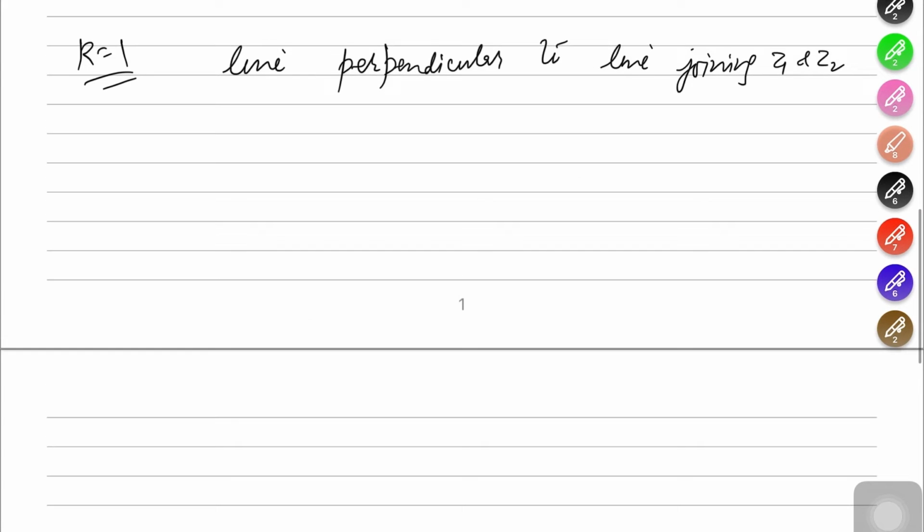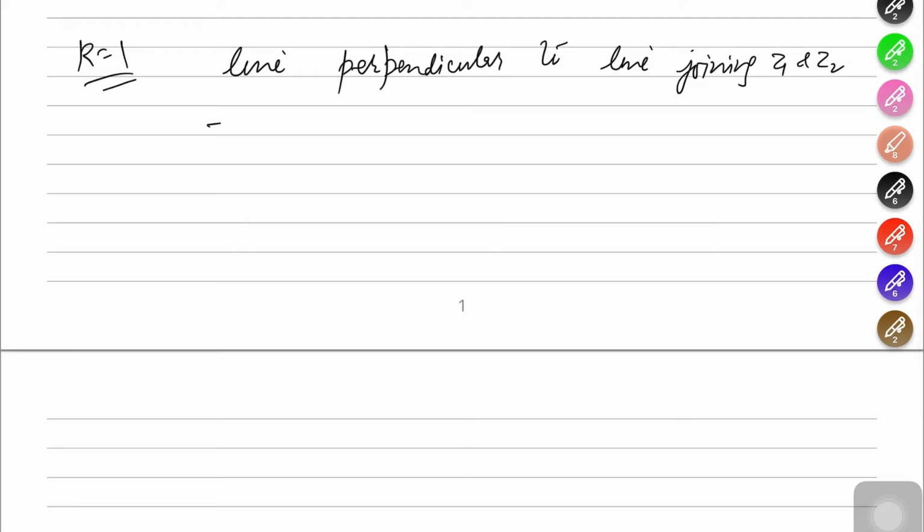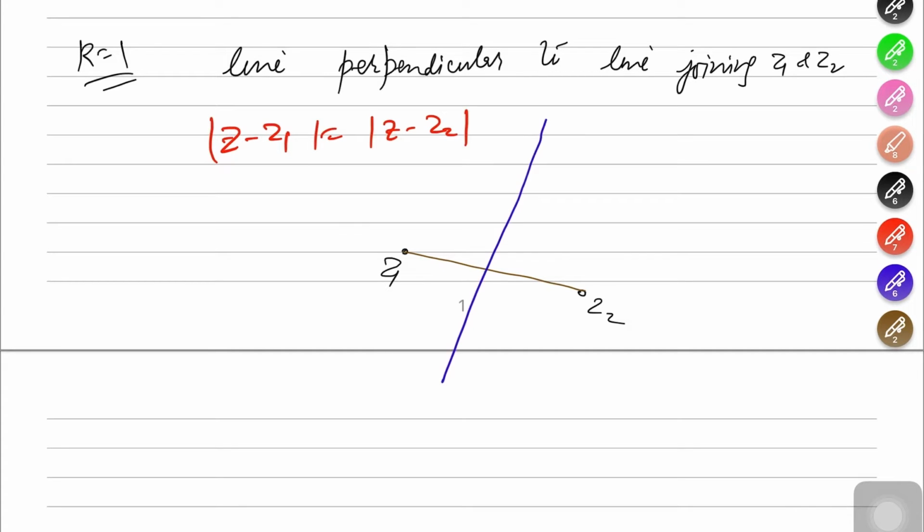So if K is equal to 1, that clearly means |Z minus Z1| is equal to |Z minus Z2|. So suppose this is Z1, this is Z2, this is the line joining Z1, Z2, and Z is a line. So this is the locus of Z, which is a line perpendicular to Z1 Z2 and equidistant.